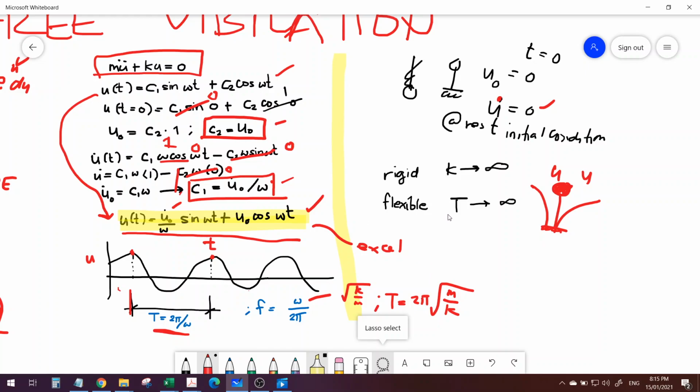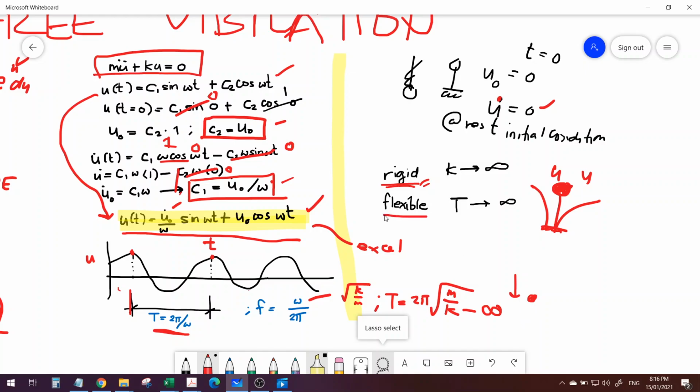Now let's relate this to a rigid structure. If you have a very rigid structure, your k is going to infinity. If k is infinite, what will be your period? Since k is so large, it overpowers the mass, so your period will approach zero. The structure is so stiff that it is rigid, so your period approaches zero.